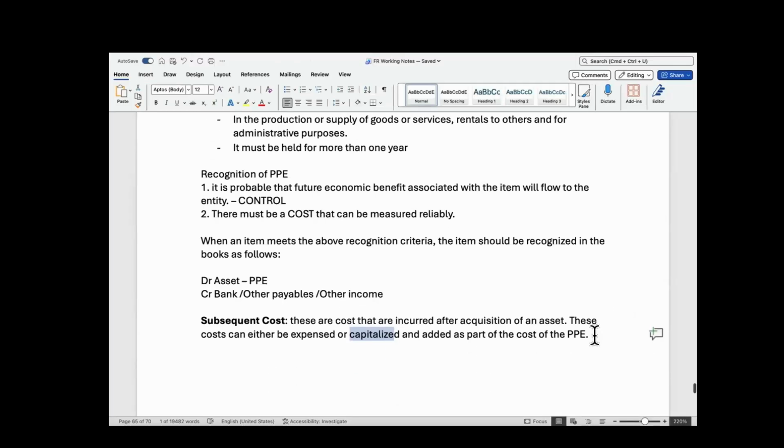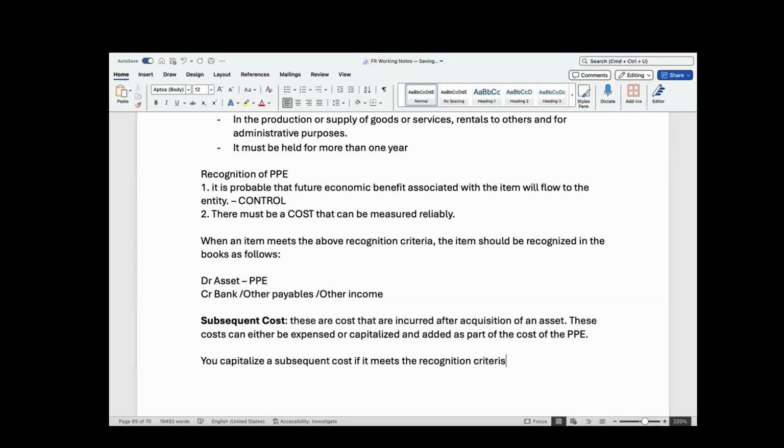So how do you know whether you are going to expense an asset or you are going to capitalize it? So you capitalize a subsequent cost if it meets the recognition criteria.